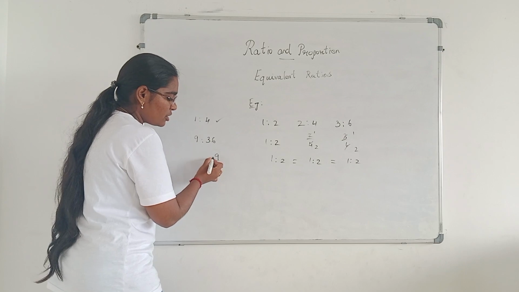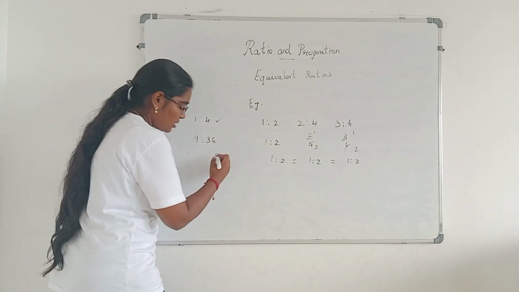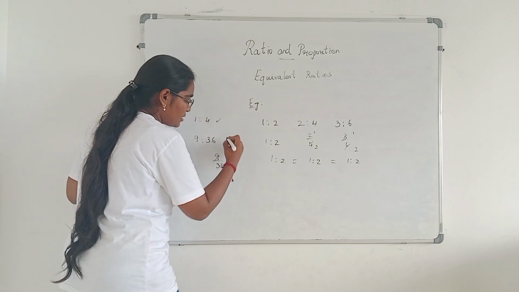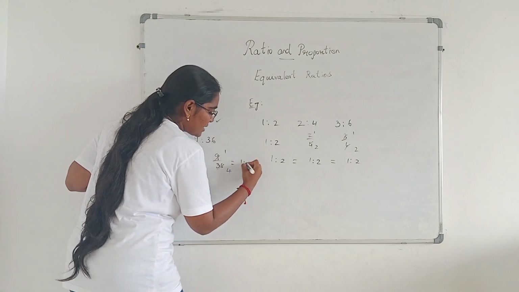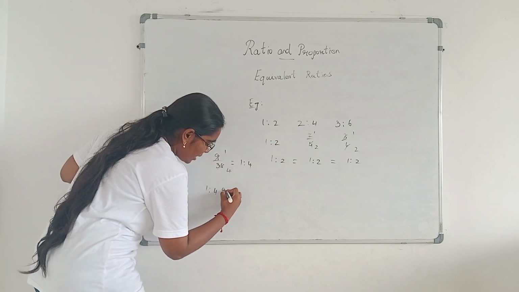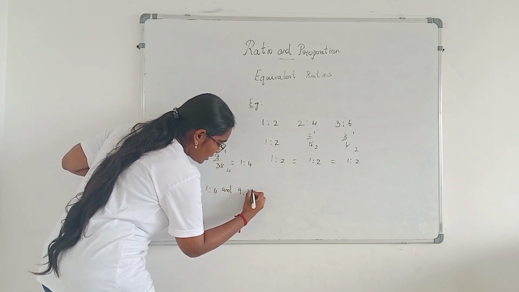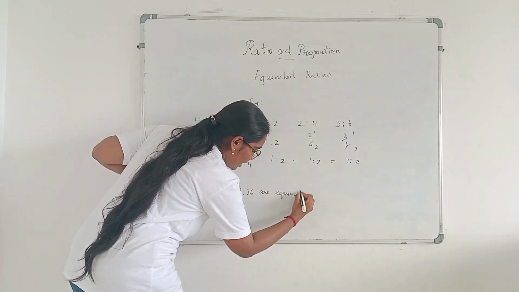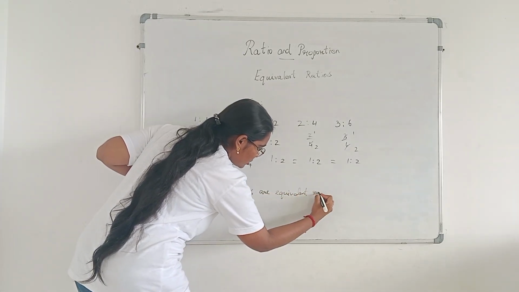These two are multiples of 9. So this is 1 time, and 9 into 4 is 36. So the final answer will be 1 is to 4. So 1 is to 4 and 9 is to 36 are equivalent ratios.